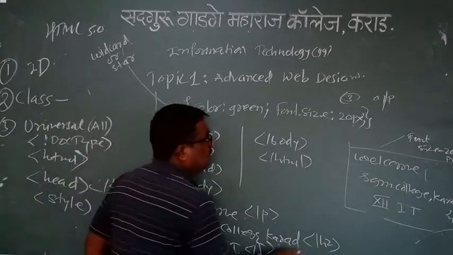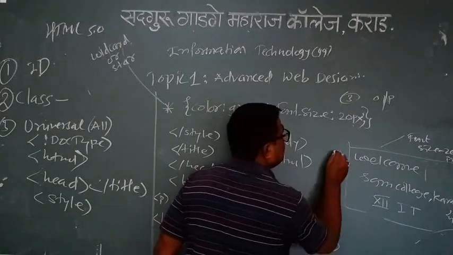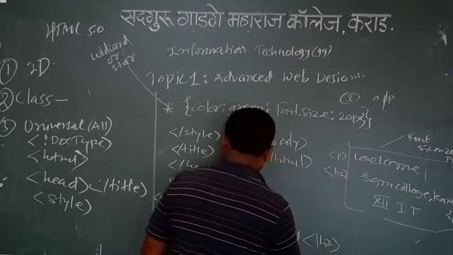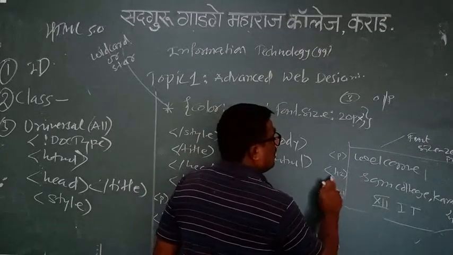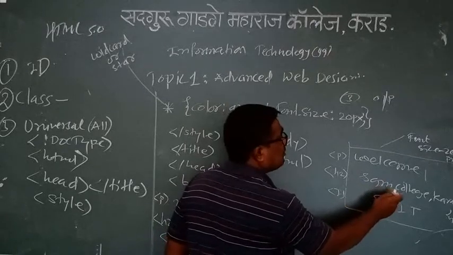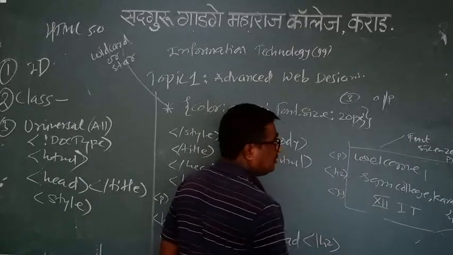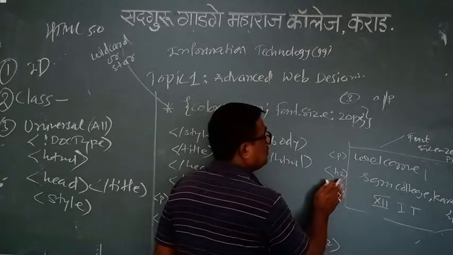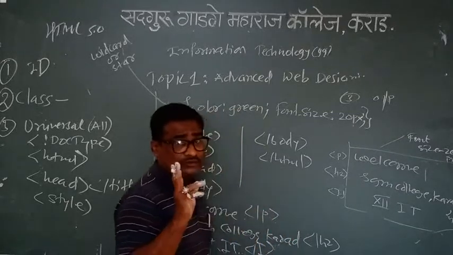Then this text is in H2, this is in P tag, this is in I tag. This H2 style is applied on this text, making the text color green and the font size 20, but which is displayed in H2 tag, heading style tag 2.